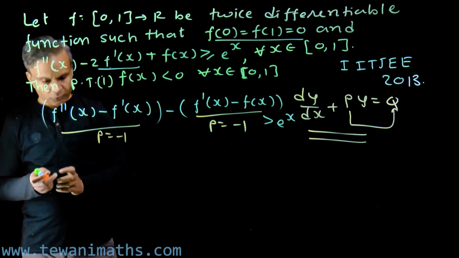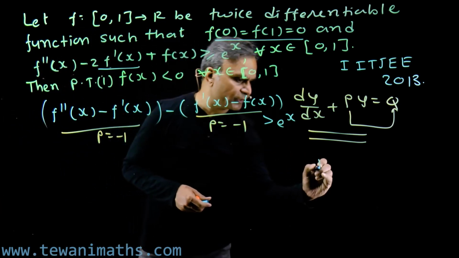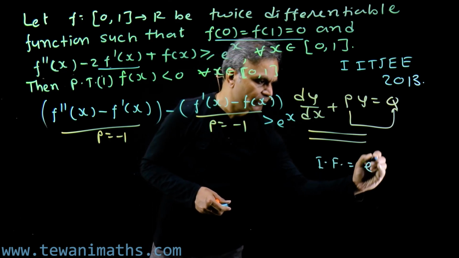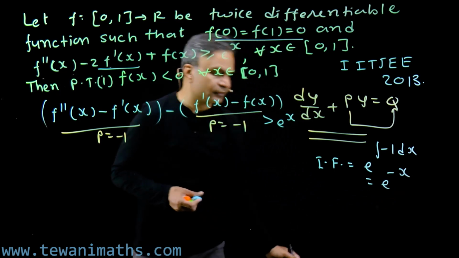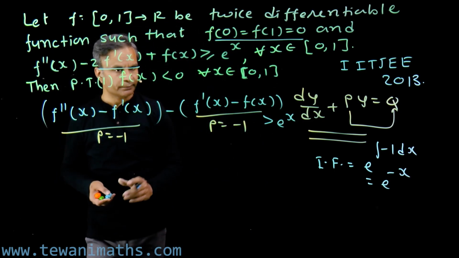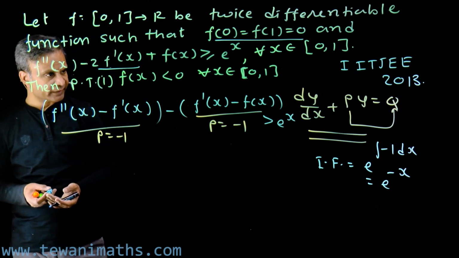So the integrating factor will be e to the power of the integration of -1. This is e^(-x). So we multiply this inequality on both sides by e^(-x).